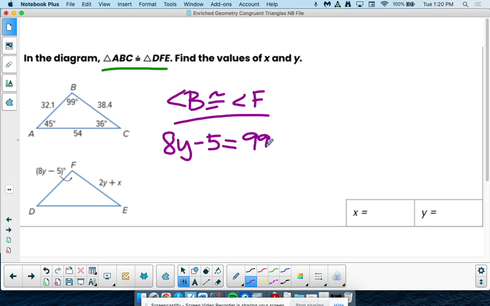That's pretty easy to solve, right? Just add the 5 over. 13? Is it 13? I think it's 13.